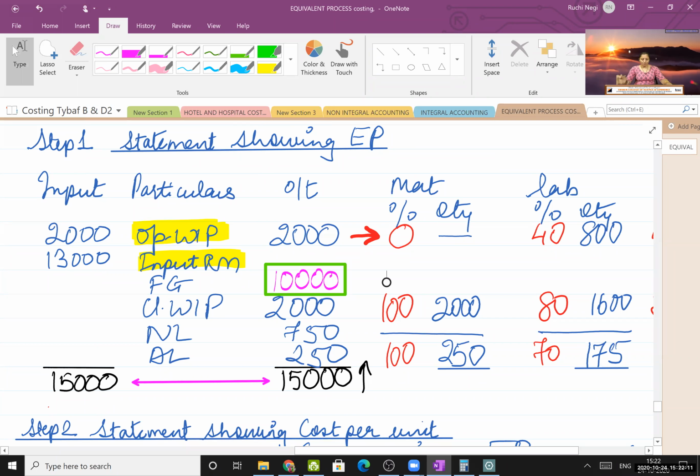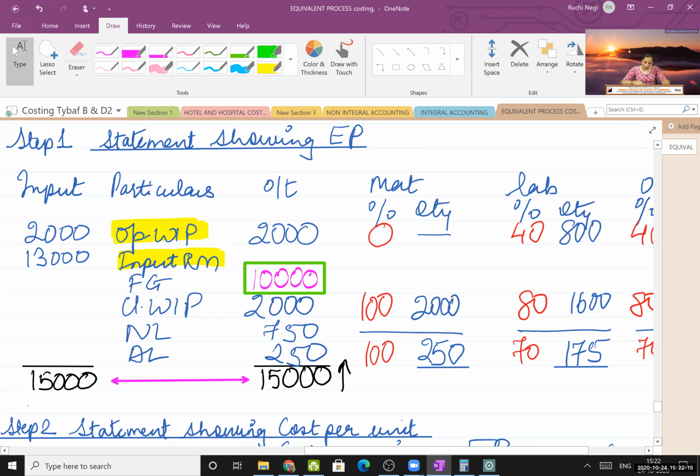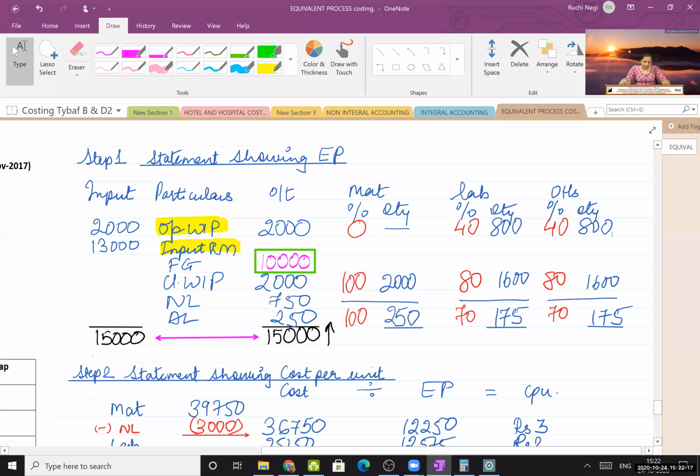Am I clear about this? Is it clear? Just acknowledge it in the chat box. Finished goods is how much? Okay. You can further cross check your answer, ki this finished goods, what you got 10,000, is right or wrong. You know how?